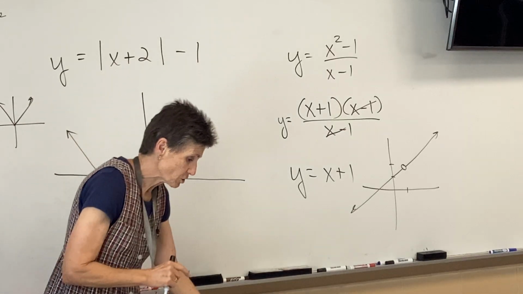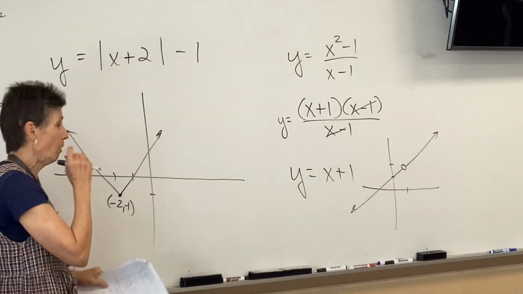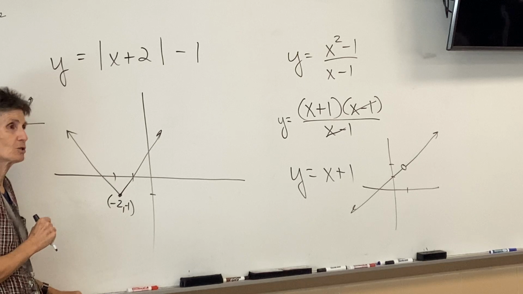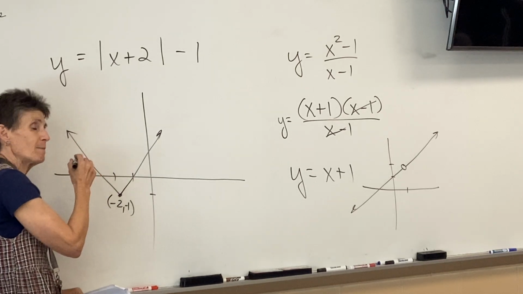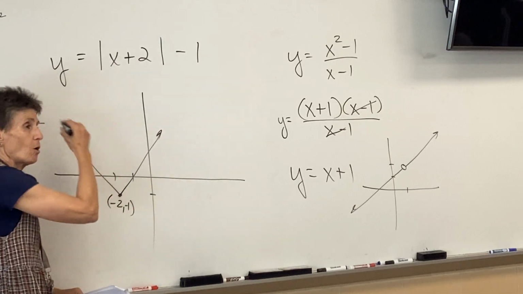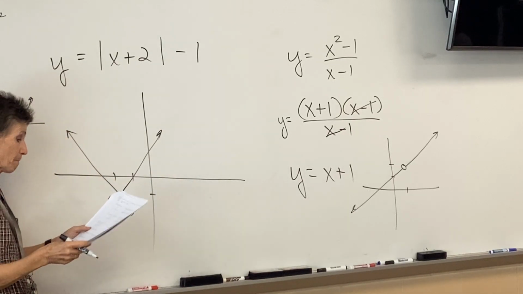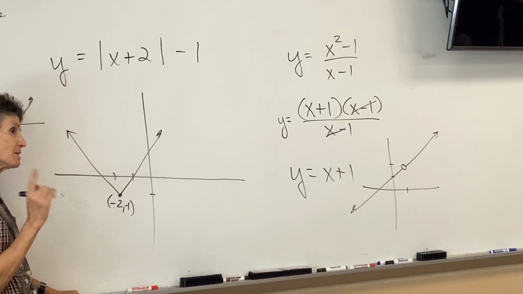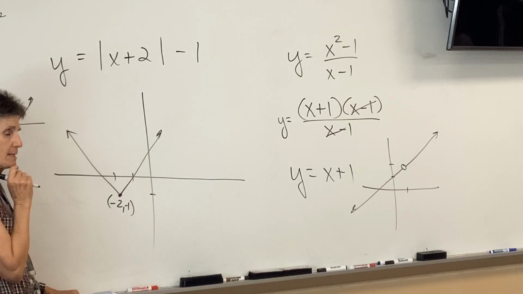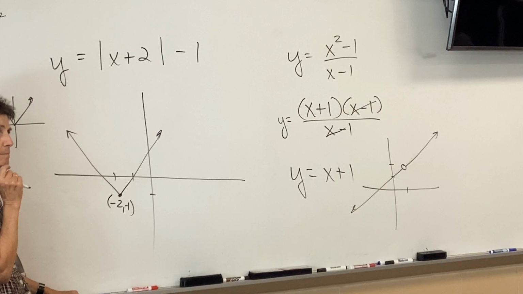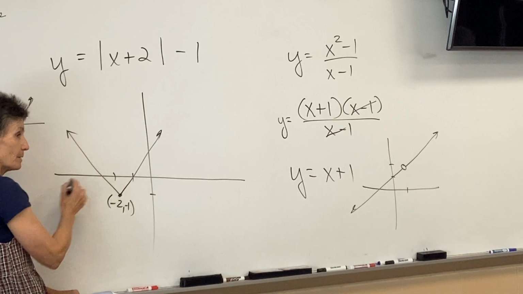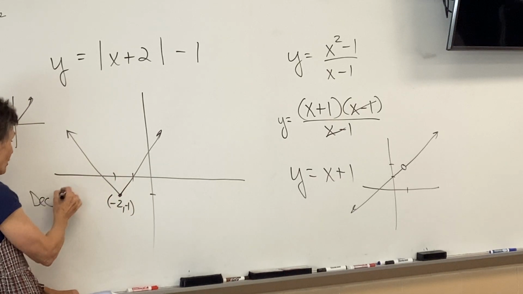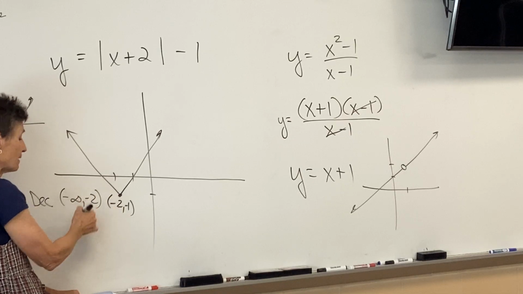Now answer the questions. Would you say that is a continuous function? Yes. Because, don't worry about the arrows, the whole thing can be drawn without lifting your pencil. Would you say it is increasing or decreasing? Actually, it's both. Because on this side of it, it's decreasing from negative infinity to negative 2.